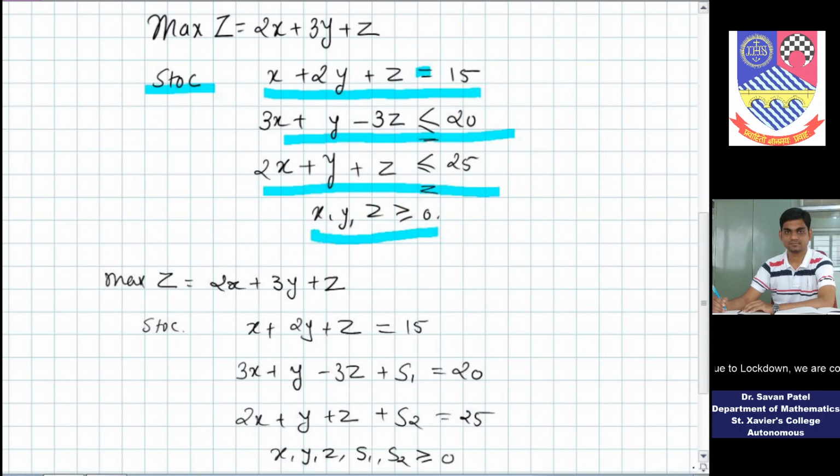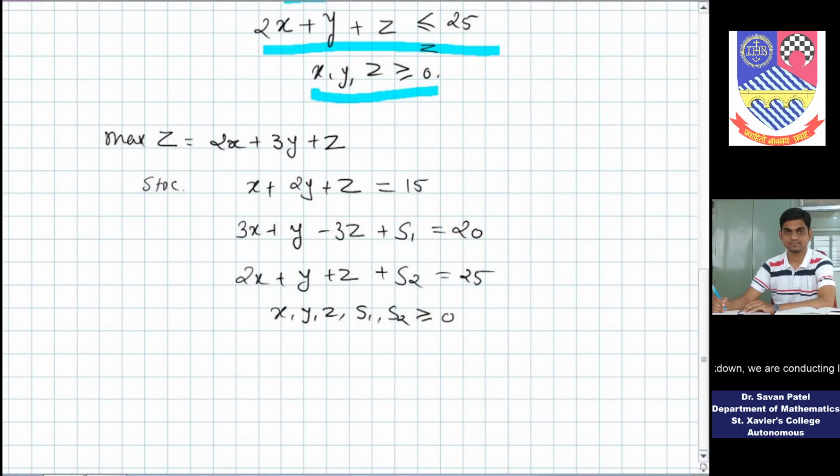If from here itself we start solving to get the initial basic feasible solution, what we were doing previously, that is x is equal to 0, y is equal to 0, and z is equal to 0. If we put x, y, and z equal to 0, here it is okay. From this we will get s1 is equal to 20.